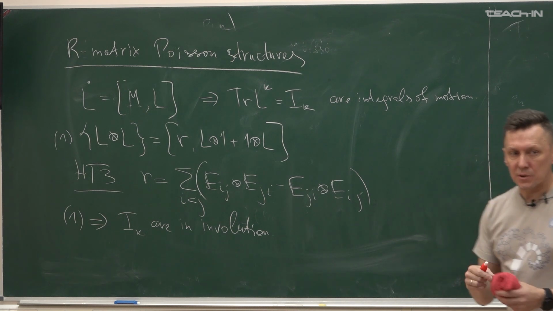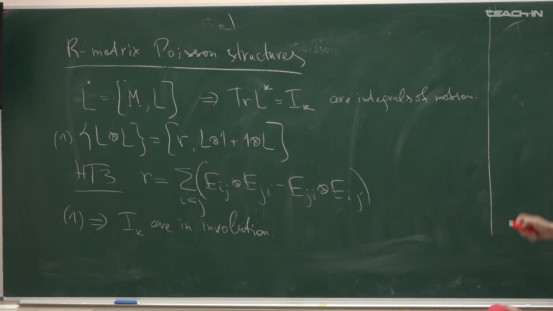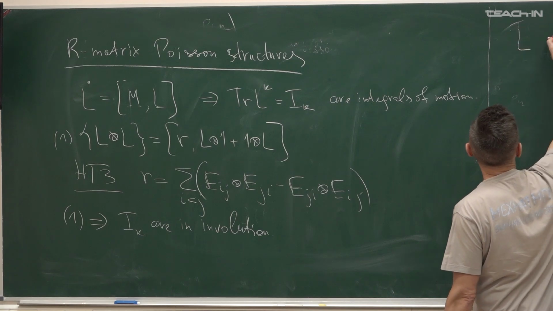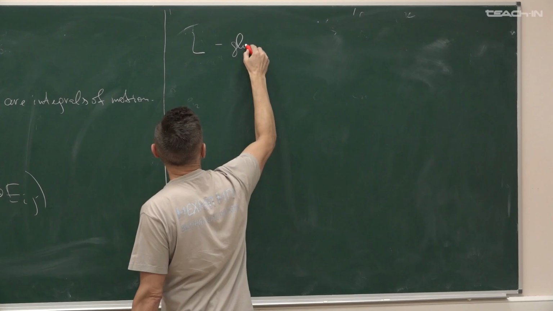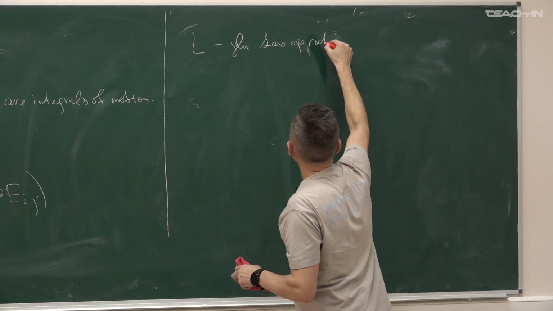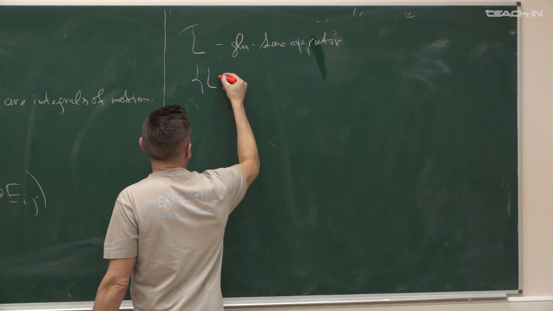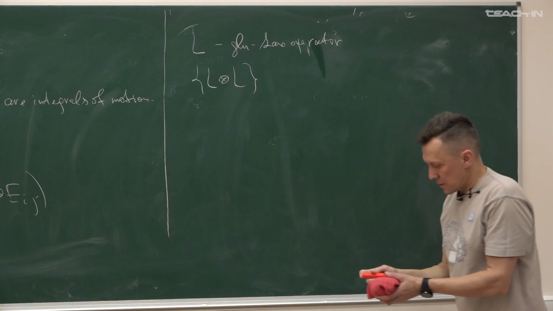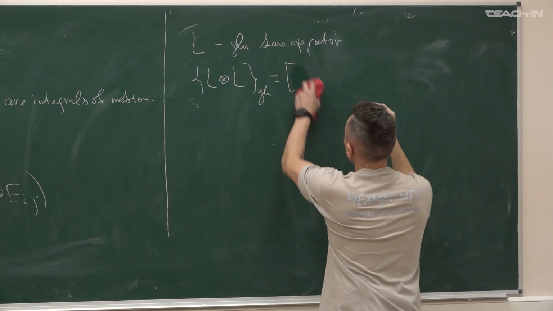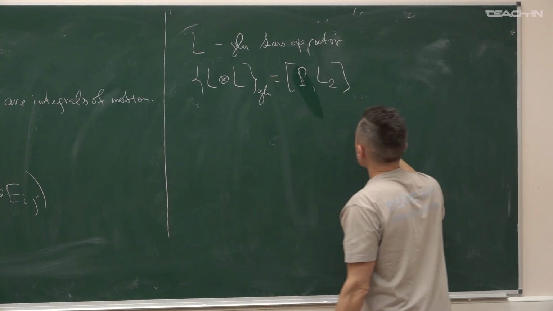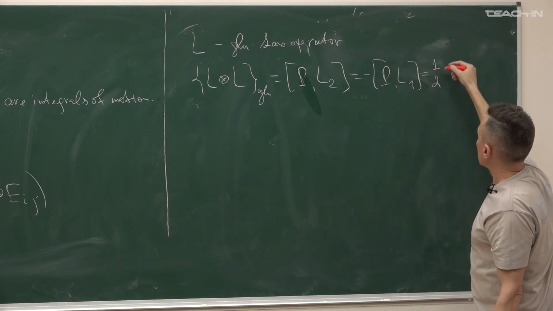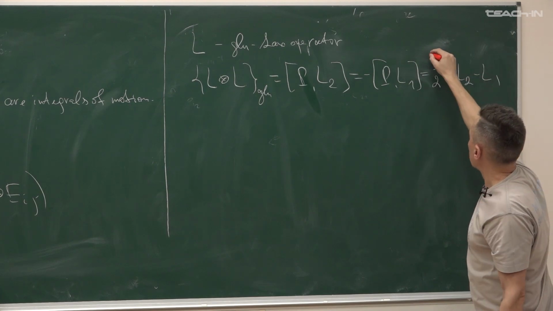We'll consider a generalization of this approach. I suppose you remember that for L, just the GLn Lax operator, the standard Poisson structure on GLn was expressed by the permutation operator: {L1, L2} = P L1 ... or 1 over 2 P(L2 minus L1).